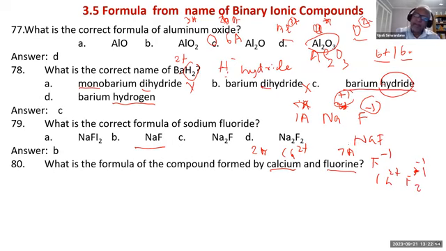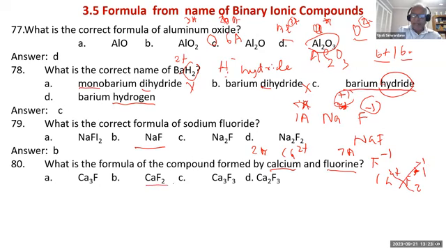You cross multiply these charges and you get CaF2. That's the correct answer. Let me show you cross multiplication. This 1 comes here, this 2 comes there. Normally, you don't write a subscript of 1 in a formula. Therefore, it becomes CaF2. The answer is B.